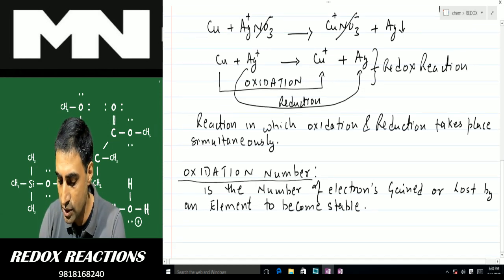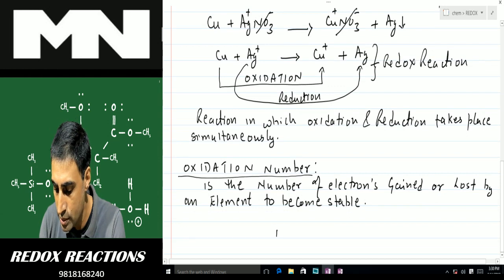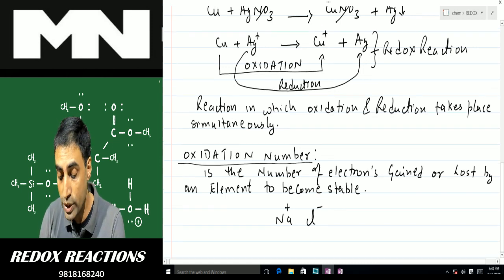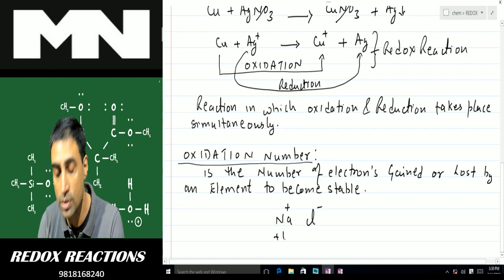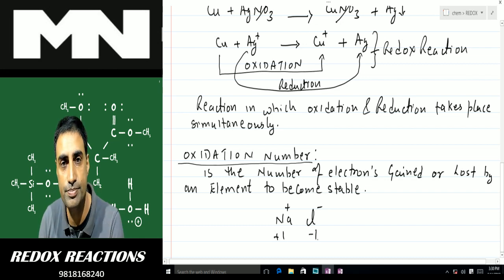For example, if I talk about sodium chloride, in sodium chloride it is Na+ and Cl-. So sodium has become stable by losing one electron, so its oxidation number is +1. Whereas chlorine has become stable by gaining one electron, that's why its oxidation number is -1.